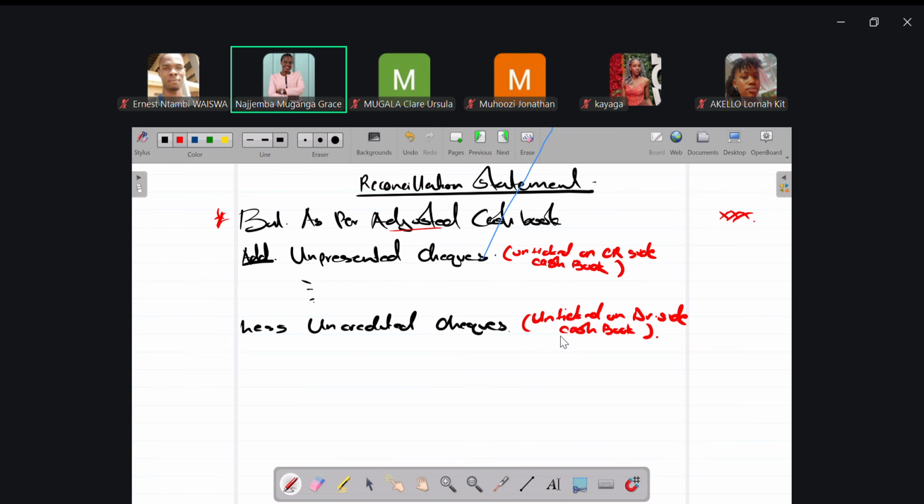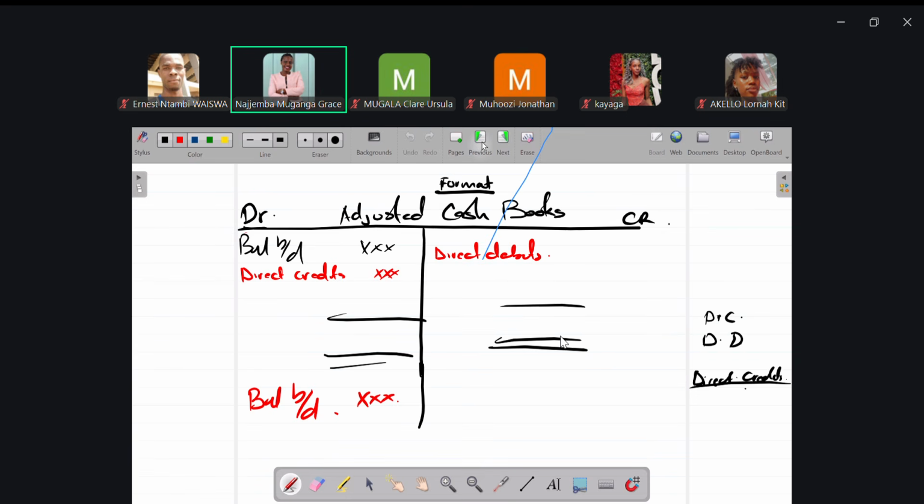So it's onto this balance that you add back the unpresented checks and you less the uncredited checks. Then you will reconcile this amount back to the bank balance. We are making adjustments to ensure that we revise back to the bank balance figure. We shall see that when we try out a number.